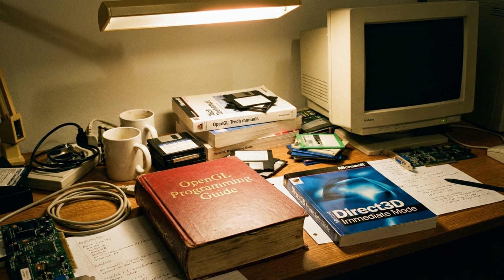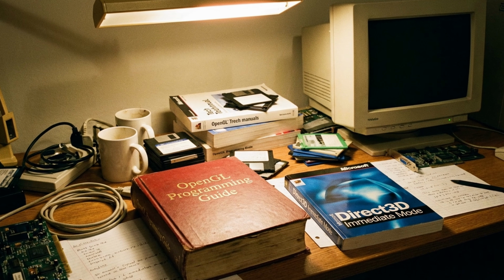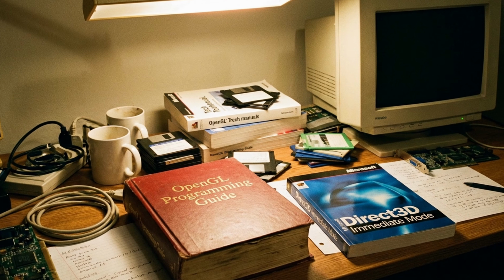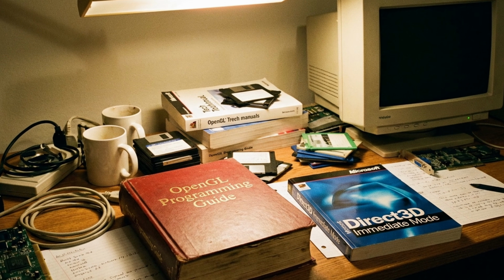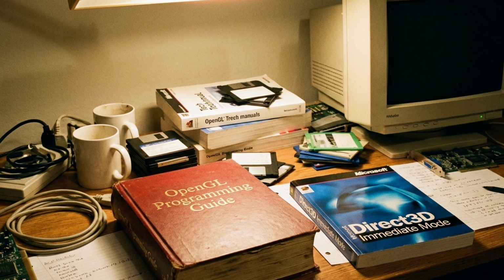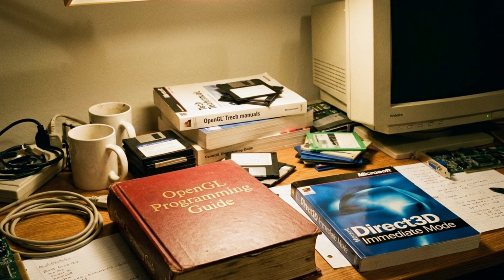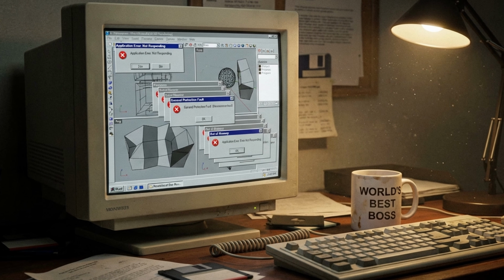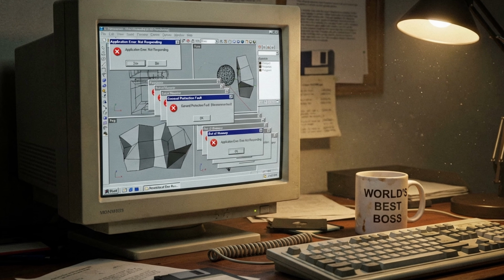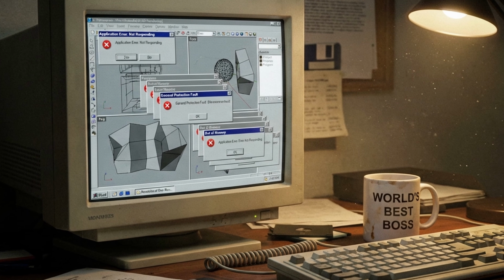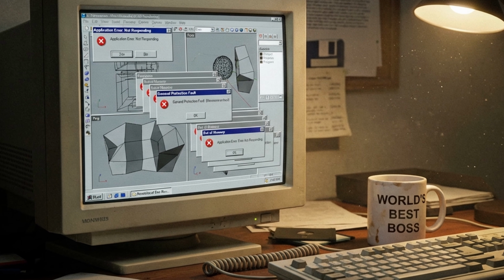During the mid-1990s, the established industry standard for 3D programming was OpenGL, a powerful but heavy library originally designed for scientific workstations, while Microsoft was attempting to push its own standard known as Direct3D. Early iterations of Microsoft's Direct3D were widely criticized by developers as convoluted, sluggish, and bogged down by hardware abstraction layers that severely limited performance.